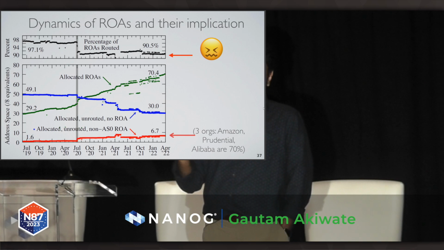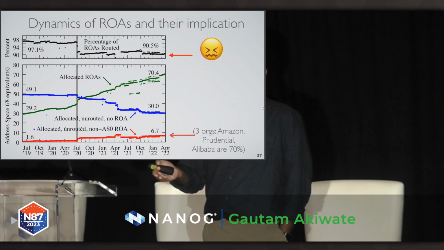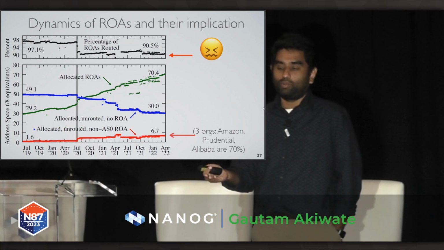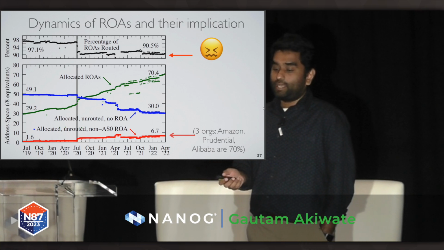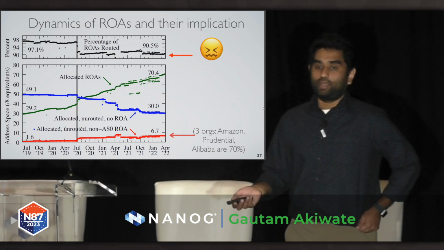So in fact, we did do disclosures to them. As of this presentation, we're not sure if this has been fixed or not. We're happy to talk to folks to explain what our rationale here is. But yeah, 70% is just three orgs. And if they add AS0s, we might be good.